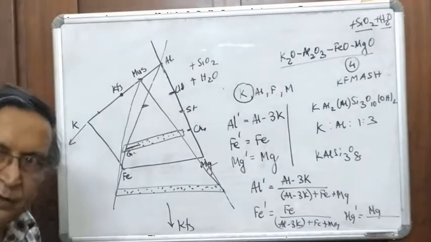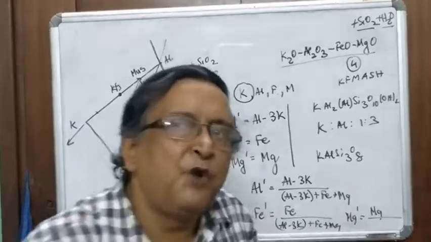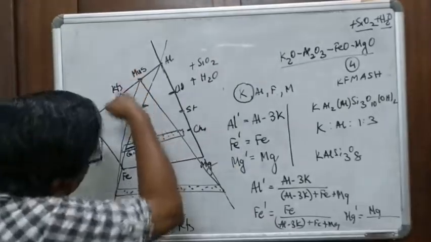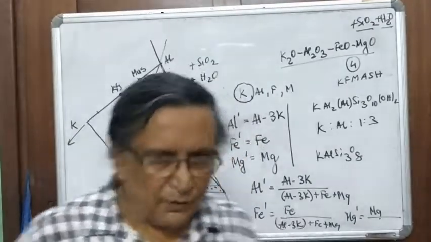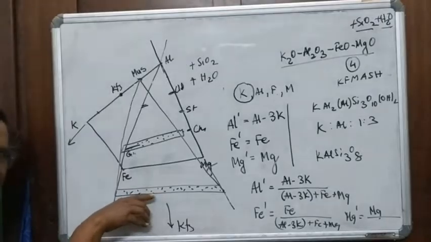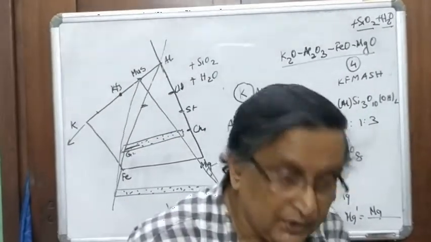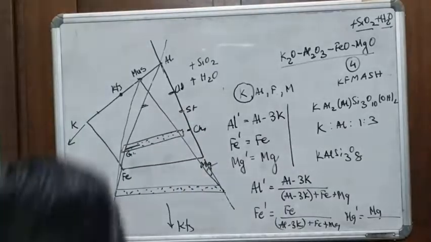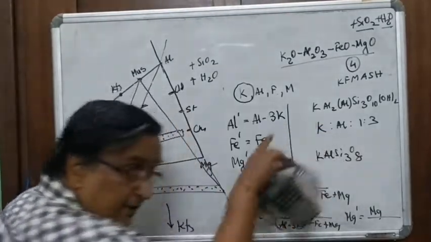Now, I am asking you a question: if instead of muscovite, I plot it from K feldspar, what would have happened? You can see very clearly, since this is gone down, it will not have the same position to plot. But how do I know which position to plot? It's very simple. Now I am doing it from K feldspar, not from muscovite.